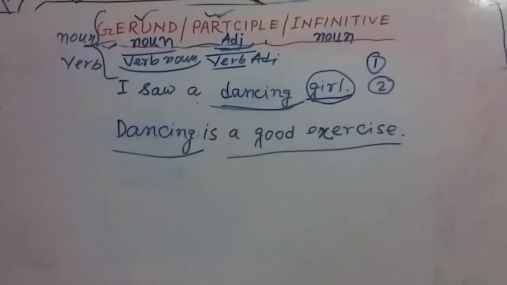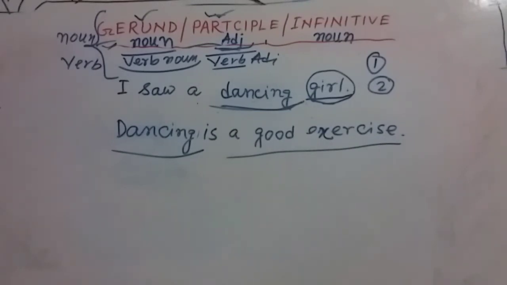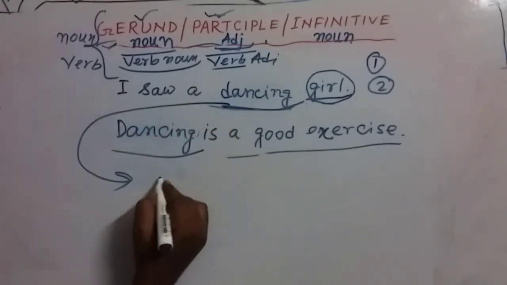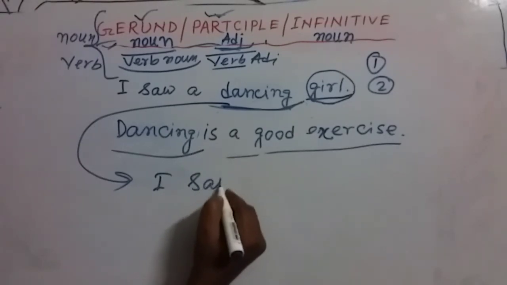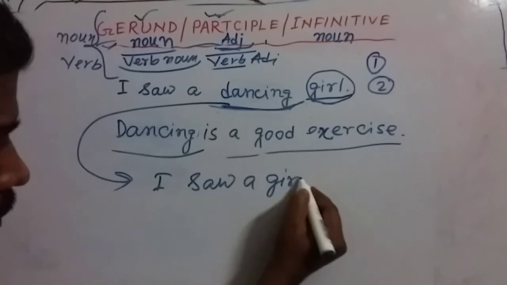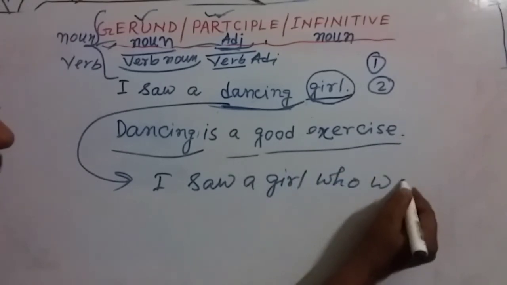Now I am giving you just another clue. If the word is a participle, or you can say an adjective, you can rewrite this sentence in this way. I saw a girl who was dancing.